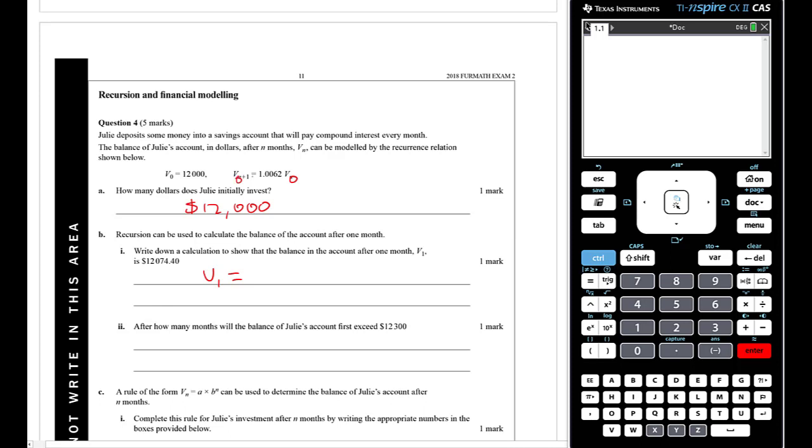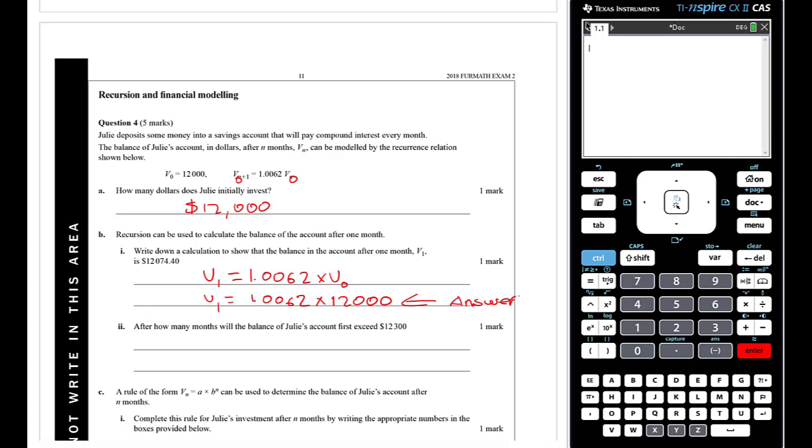So basically, V1 equals 1.0062 times V0. Now I know what V0 is, so V1 equals 1.0062 times 12,000. This is the answer. That's what they're after. That's the equation you need to calculate that value.